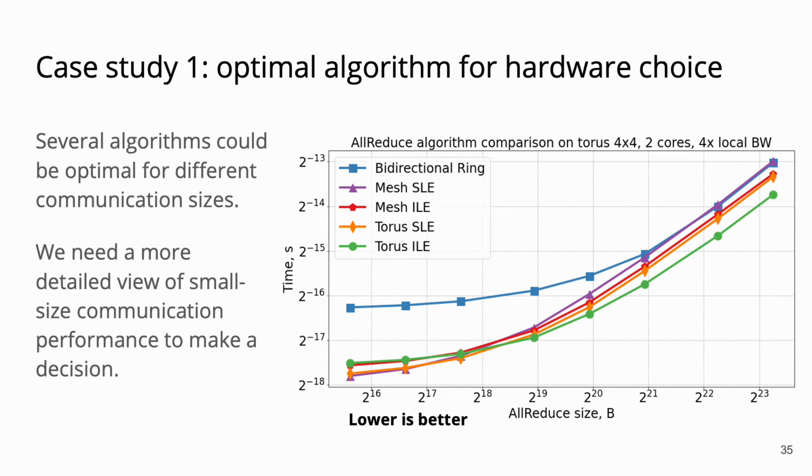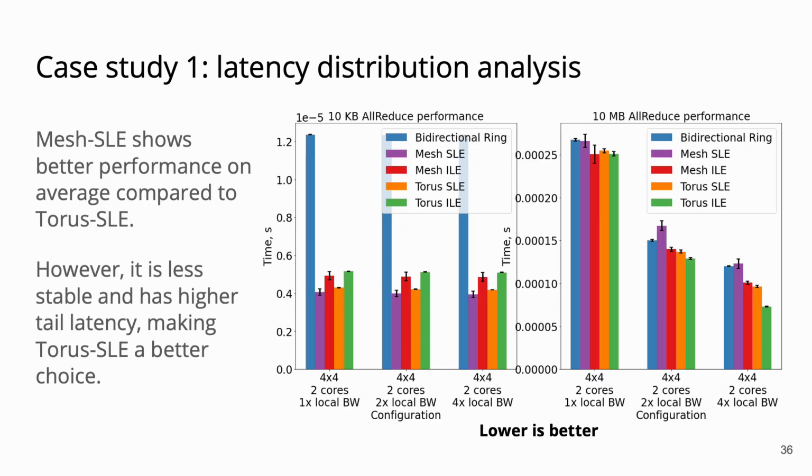We see that the optimal algorithm should combine several base algorithms. However, the scheme doesn't provide a clear view of what algorithms are candidates for a pick. Looking carefully at latency distribution, we can conclude that although mesh-based algorithms provide lower average execution time, they have higher variability.